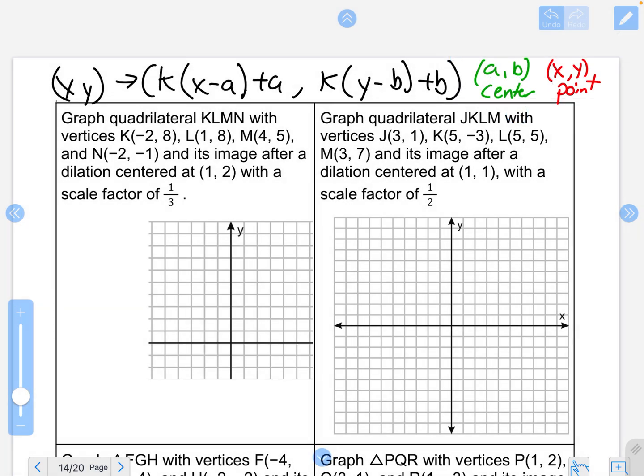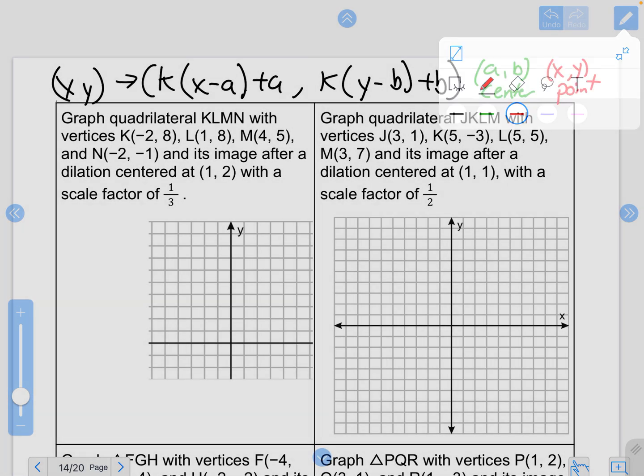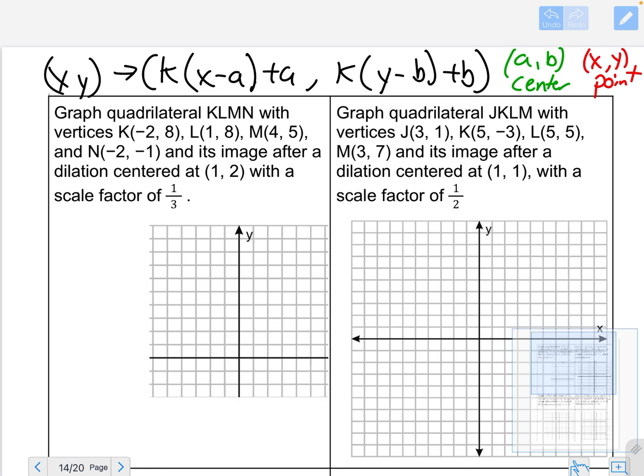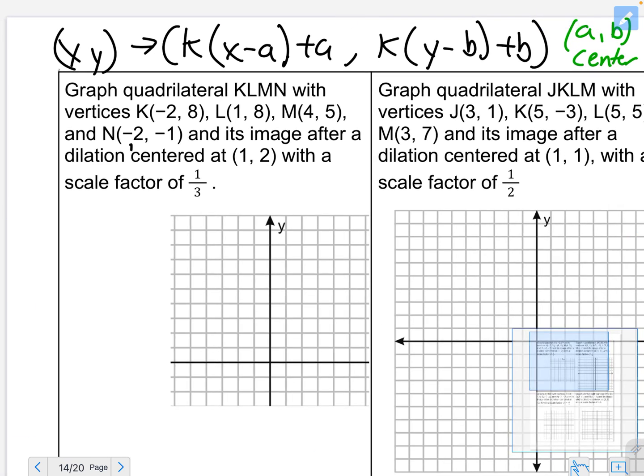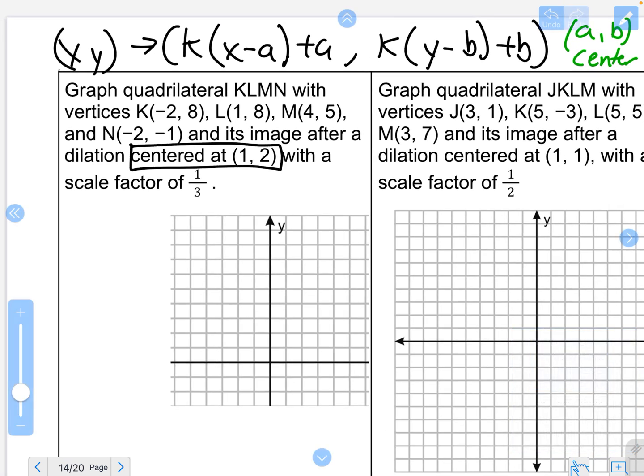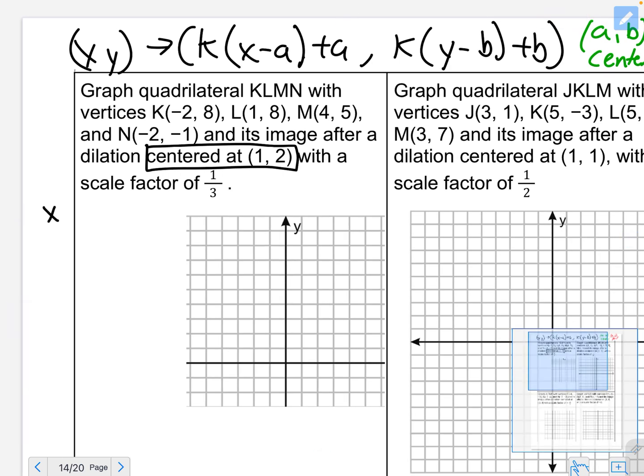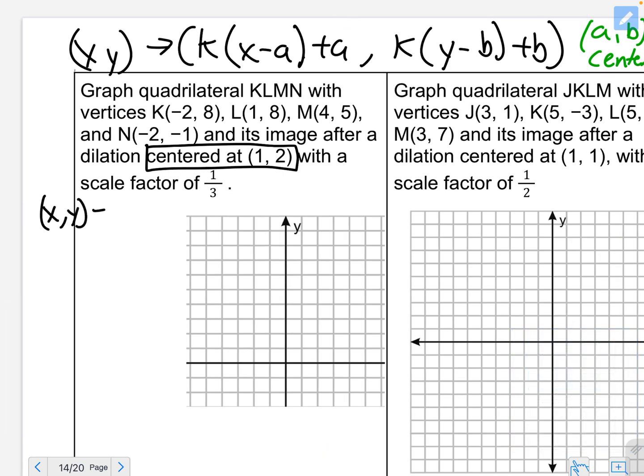So what I'm going to do initially is I'm just going to kind of set it up, our general problem based on our rule. So this one is going to be centered at 1, 2. So if it's centered at 1, 2, my rule is going to be x, y.